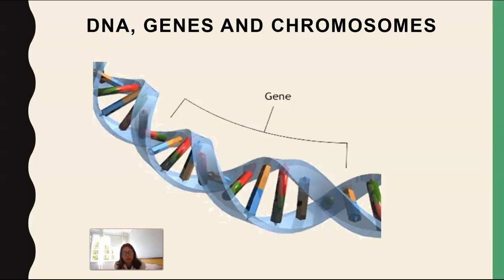And it's that order of the bases that occur on our DNA strands that makes you individual to others. So there can be many different bases in different orders, and that will make different characteristics.